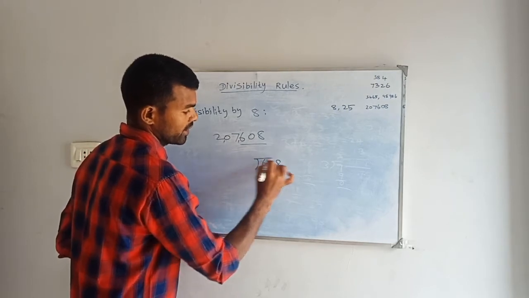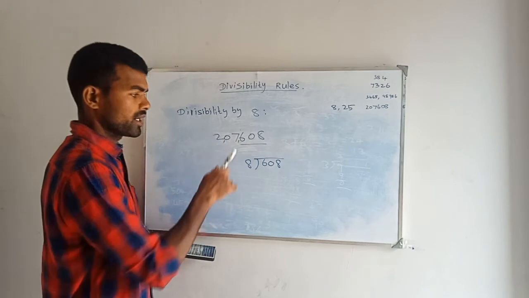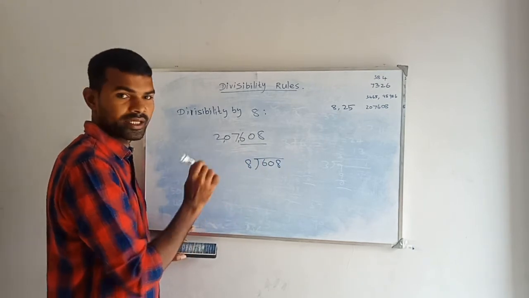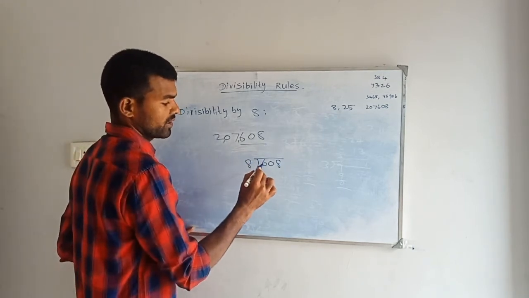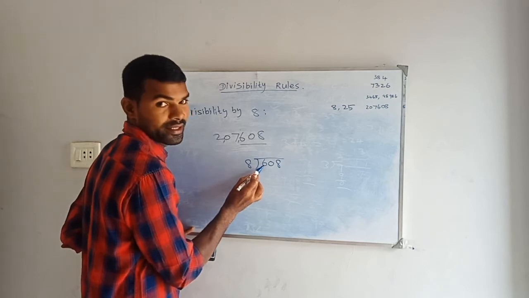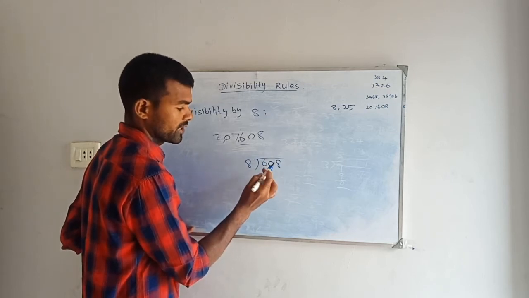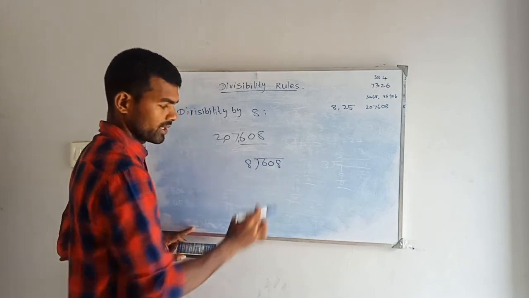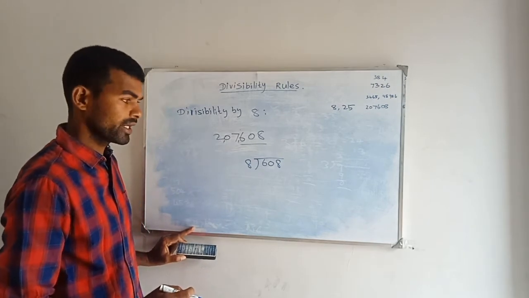608 divided by 8. You cannot divide 6, so now take these 2 numbers, 60. How many times can I divide 60 by 8?